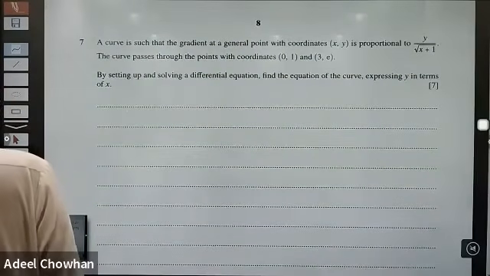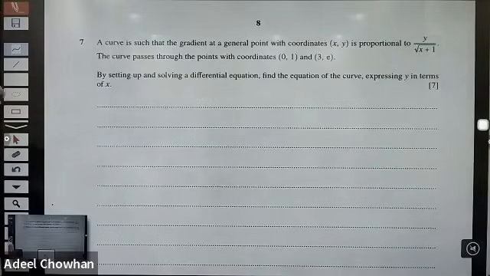Now, a curve is such that the gradient at the general point with the coordinates x, y is proportional to y over the square root of x plus 1. The curve passes through the point with the coordinates 0, 1, and 3 and e. By setting this up and solving this differential equation, find the exact equation of the curve, expressing y in terms of x.